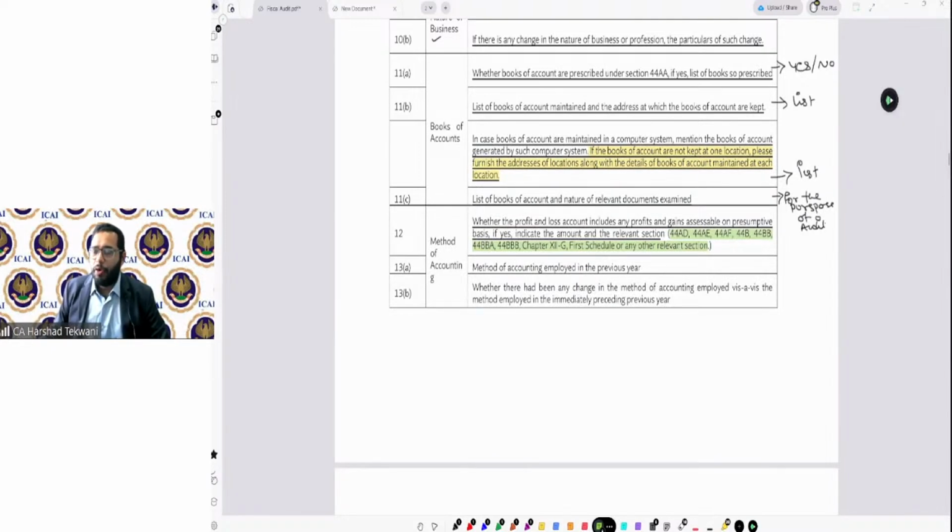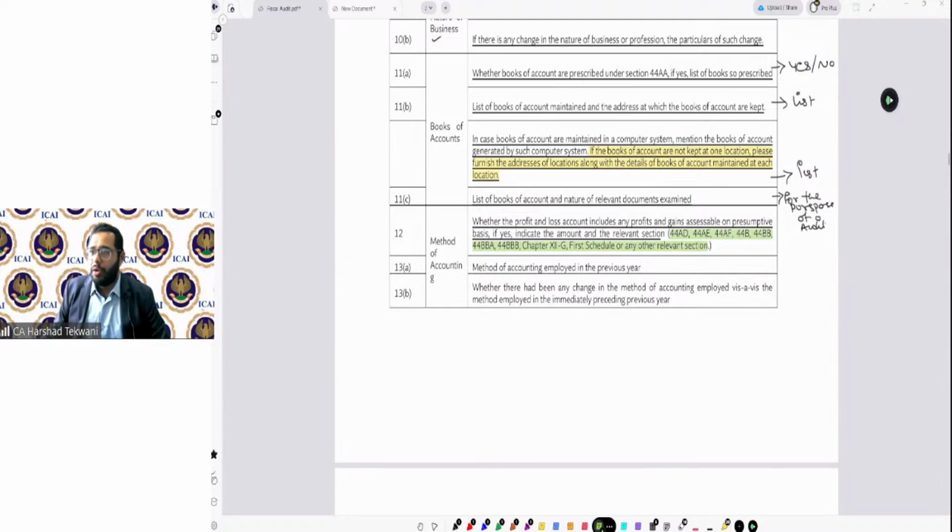But when we go for filing on the income tax website, 44ADA is specified over there. So 44ADA is not specified in Form 3CD, but 44ADA is specified in the tax utility, which is available online.